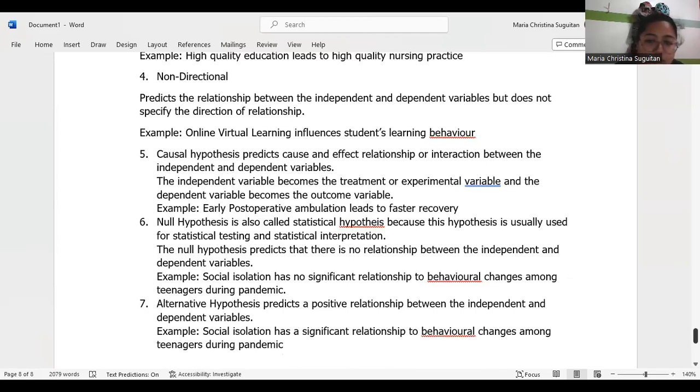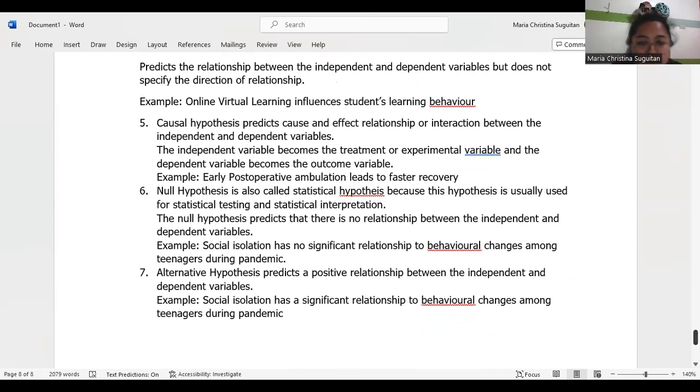Okay? And then we have this alternative hypothesis. Predicts a positive relationship between the independent and dependent variables. For example, from the word positive, that's alternative. Social isolation has a significant relationship to behavioral changes among teenagers during pandemic.